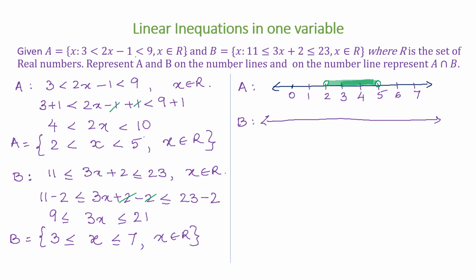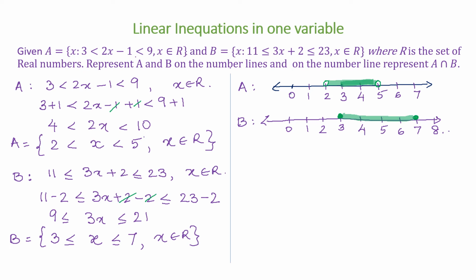So again I am taking down 0, 1, 2, 3, 4, 5, 6, 7, and 8. 3 to 7. You observe that there is an equality sign, so this is going to be a dark circle. 7 is also going to be a dark circle, and I have to shade from here to here.